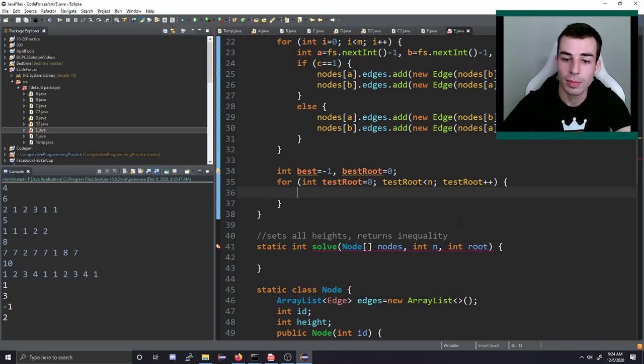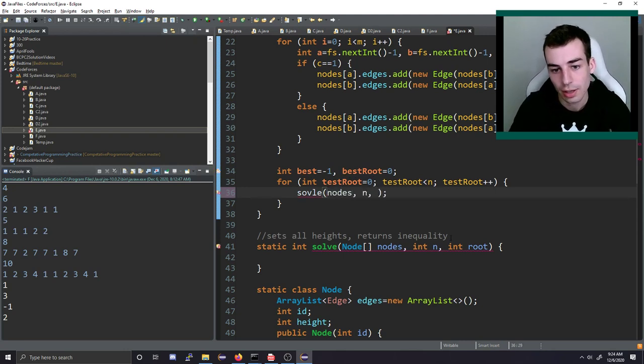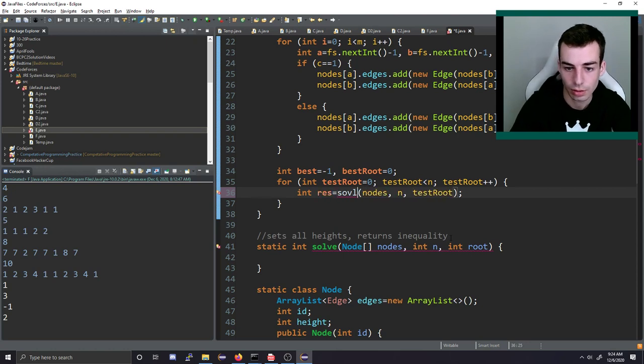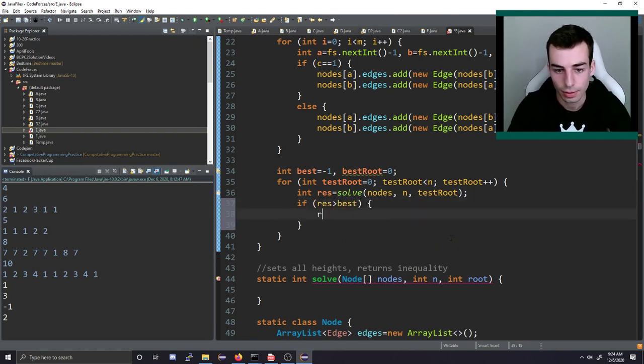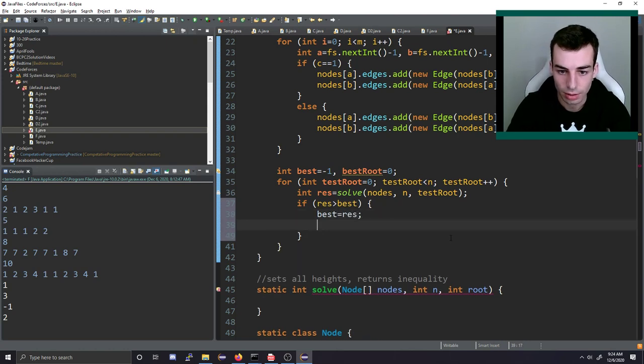How much time? 10 minutes. I'm not going to finish. Solve the nodes n and test root. Solve this. Okay. If res greater than best, then best equals res.